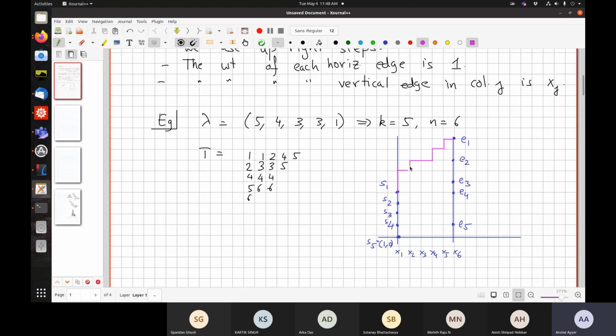Okay, so let me do the second path. There's one vertical line at x equal to 2, 2 at x equal to 3, 1 at x equal to 5. And I fill in the rest.